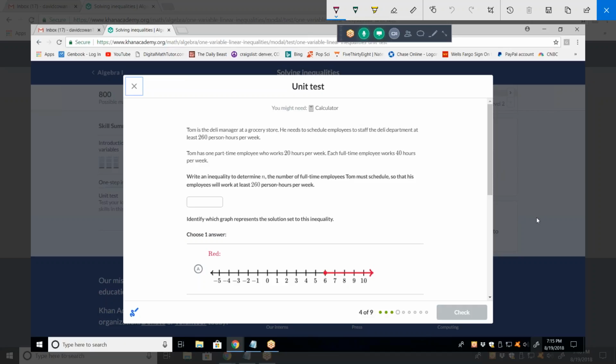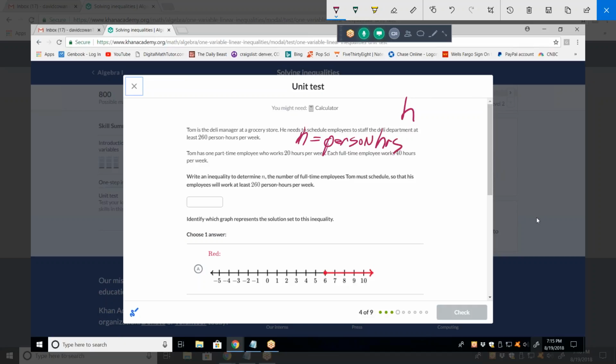So if we let H be the number of hours, what's an inequality that tells me what H needs to be? Let's see. So if H is the number of hours, or person hours. Okay, H equals person hours.